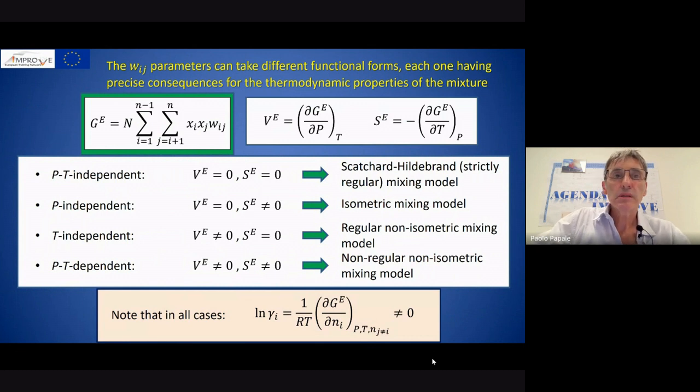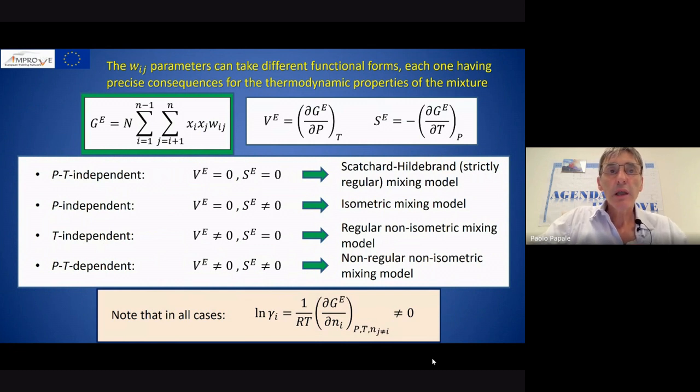The concepts just introduced here, which illustrate the relationships between the specific functional form of the binary interaction parameters, and more generally of the excess Gibbs energy, and the properties of the mixture, are fundamental in mixture thermodynamics.